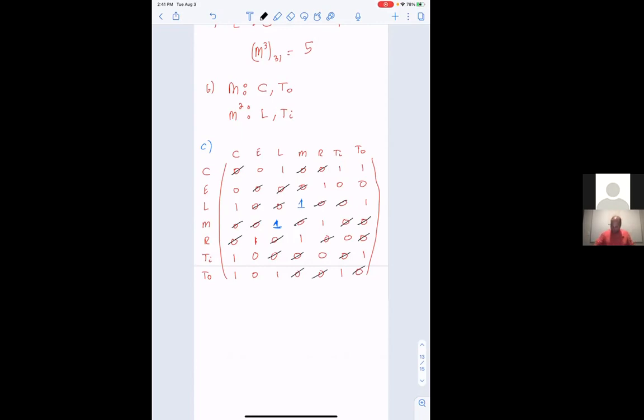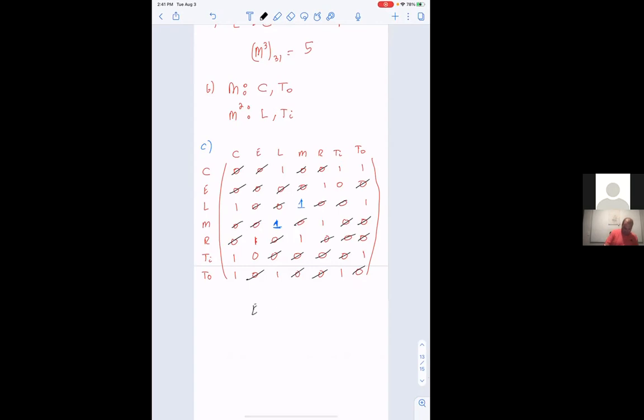Now we do the fourth power, and let's see what we have. That's not a 0. That's not a 0. That's not a 0. So 2 to go. Actually, by symmetry, those are the same 2.